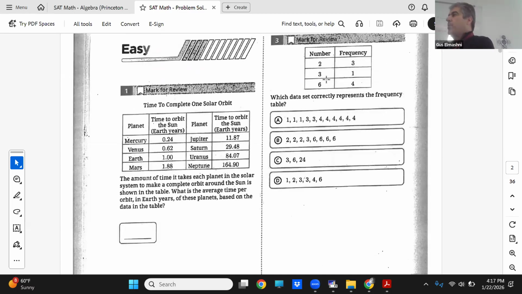Okay. Frequency. You guys know what frequency means? What does it mean? How often. How many times does the 2 show up? The 3 shows up how many times?